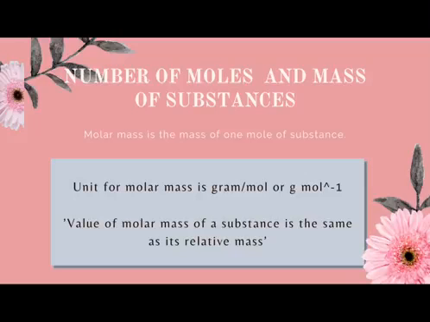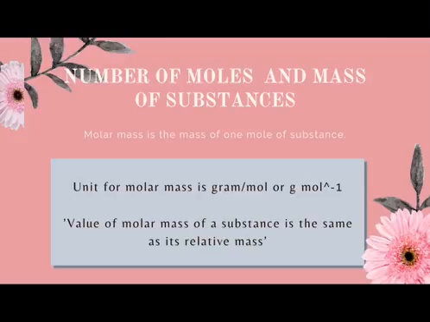Chemists found that the value of molar mass of a substance is the same as its relative mass. For example, the relative atomic mass of carbon, C, is 12. Thus, the molar mass of carbon is 12 g mol^-1, because 12 grams of carbon contains 1 mole of carbon.